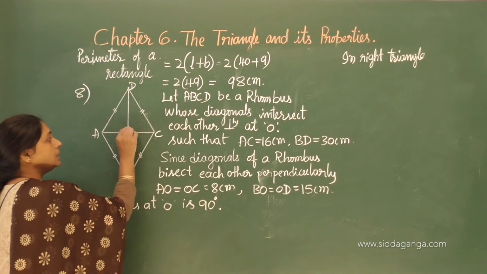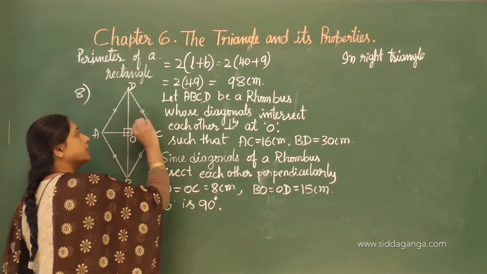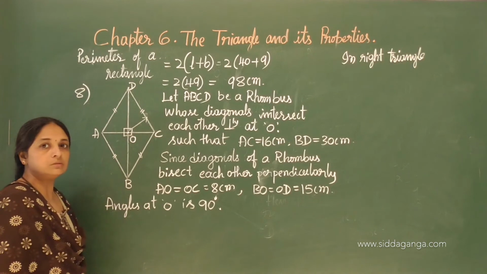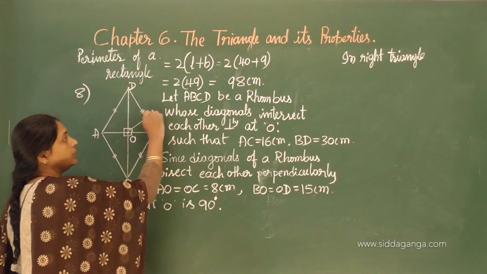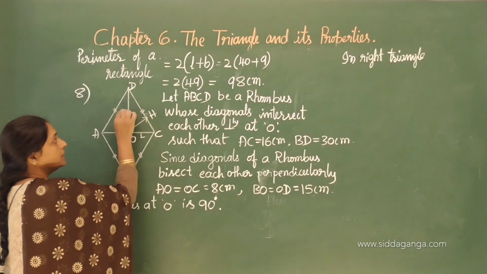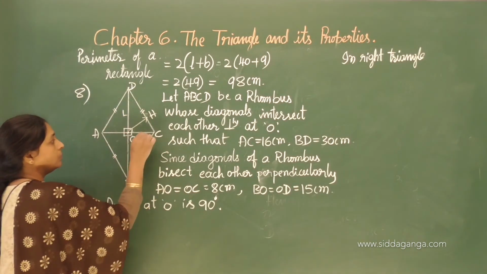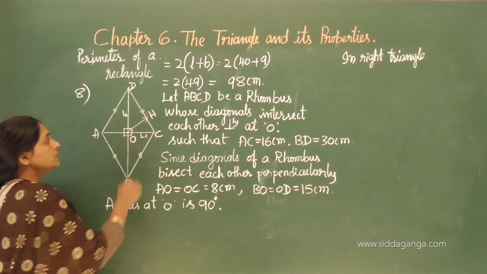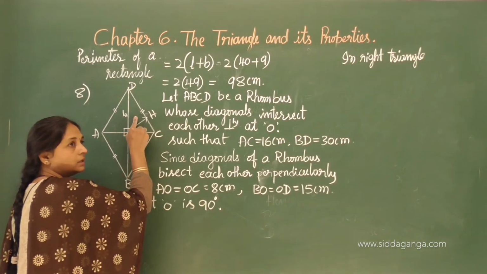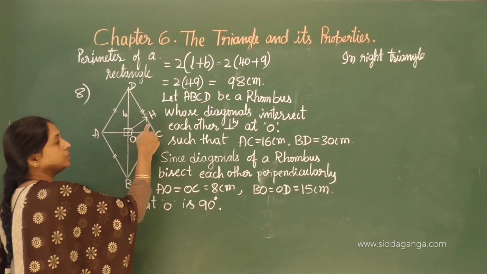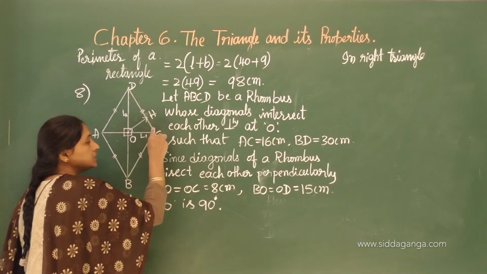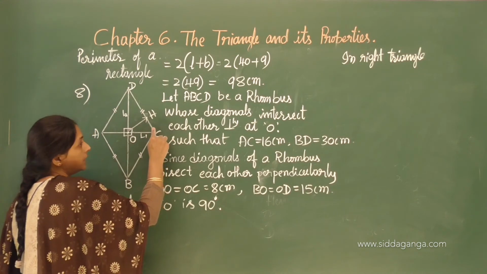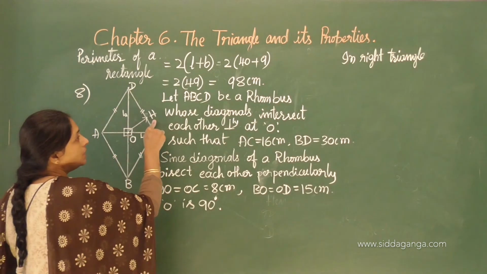When it is 90 degree, the side opposite to this right angle is considered as hypotenuse. So this is leg 1, this is leg 2. By using the Pythagoras property, we can find the hypotenuse here, and the hypotenuse is one of the sides of this rhombus.